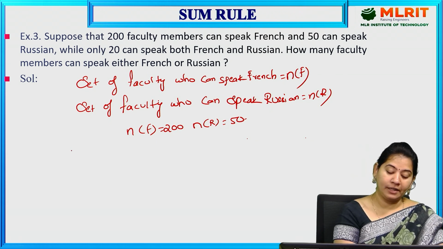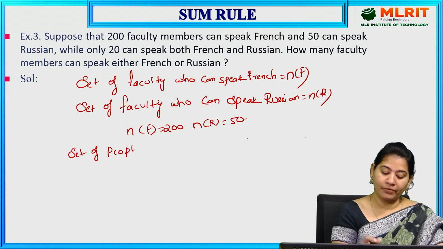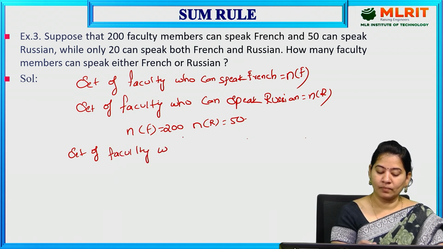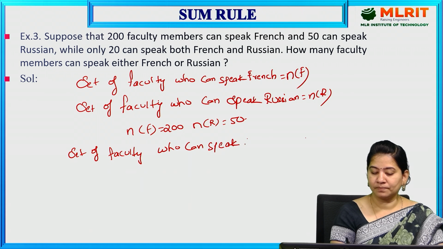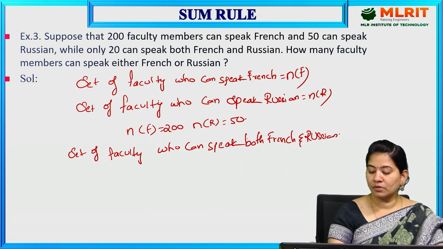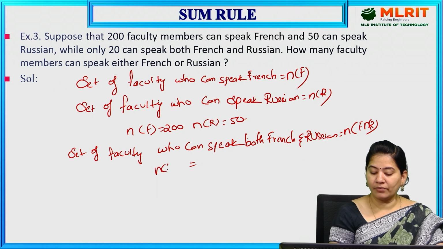So now you can write set of faculty who can speak both French and Russian, which is nothing but N of F intersection R, which is equal to 20.